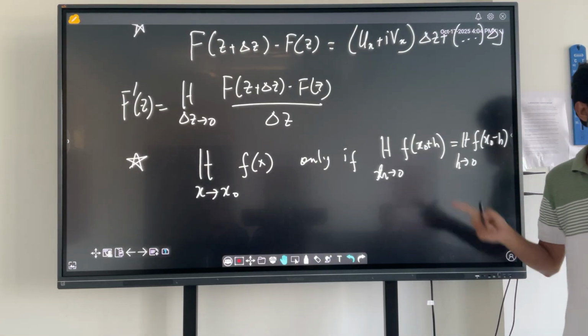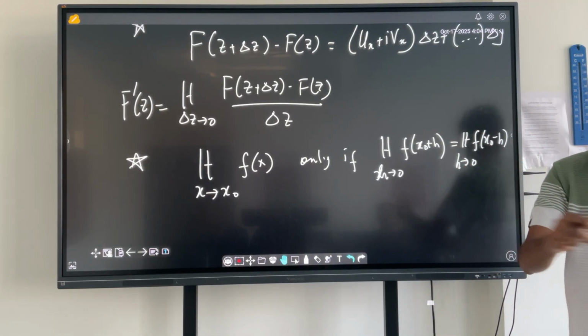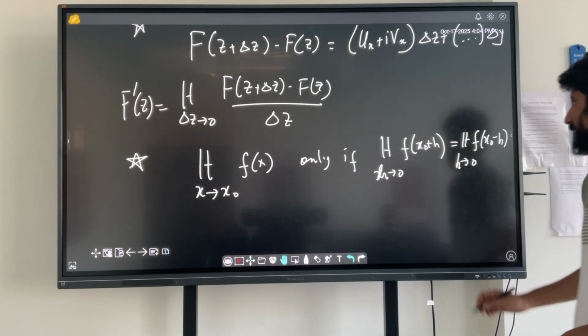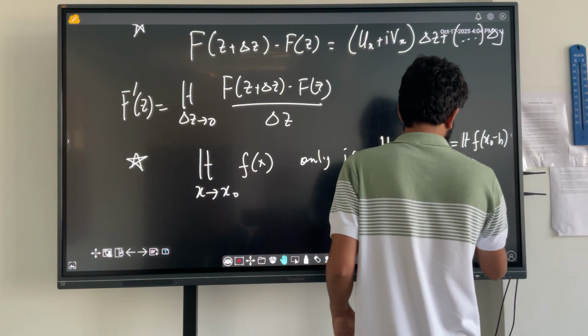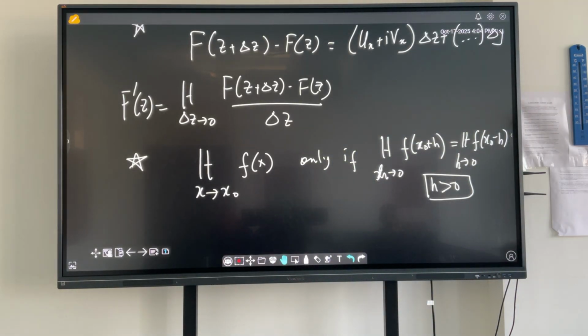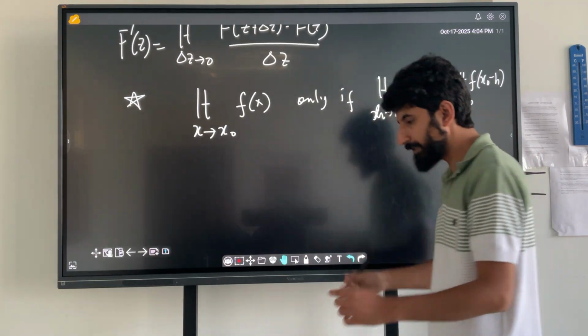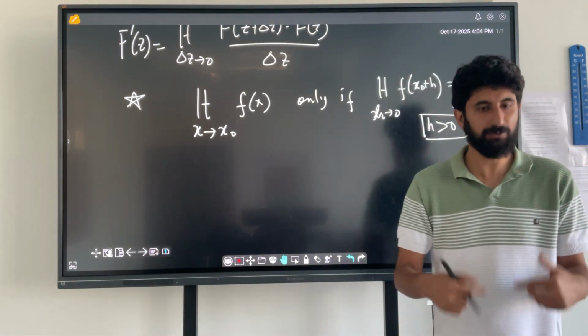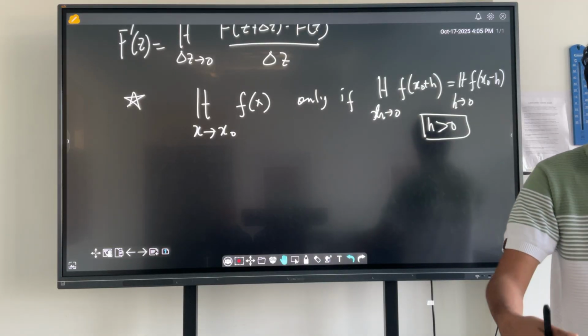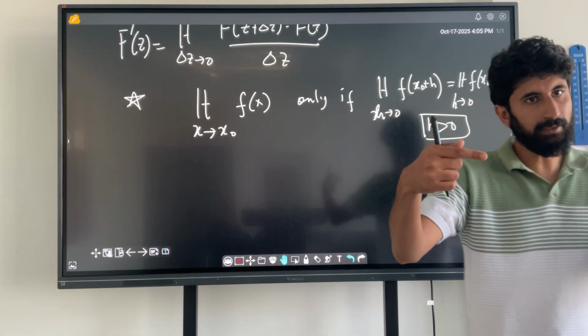But h should be positive; only then will this become left hand and right hand limits. Why did you check only the left hand and right hand limit? Because the functions were defined on a real line, and there were only two directions to approach a point: this way and this way.